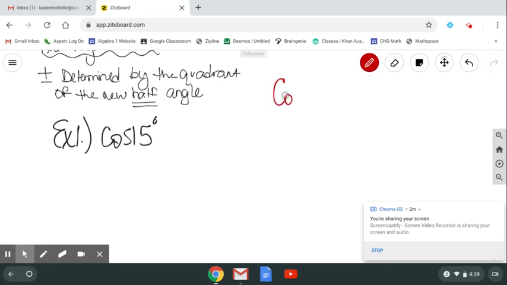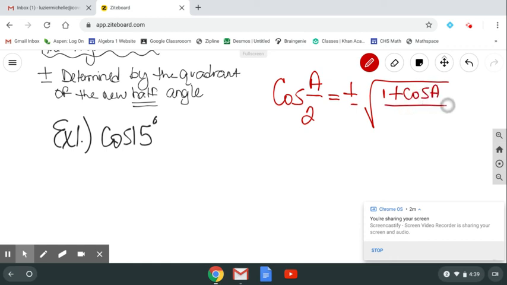Cosine of A over 2 is equal to plus or minus, this is where you determine if it's a positive or negative answer, the square root of 1 plus cosine of A, all over 2. The A has to be cut in half to get 15.